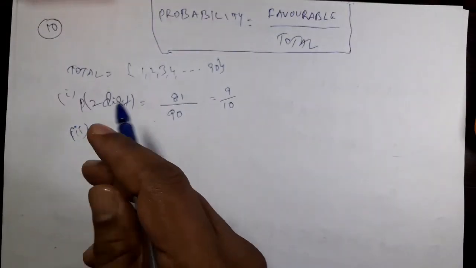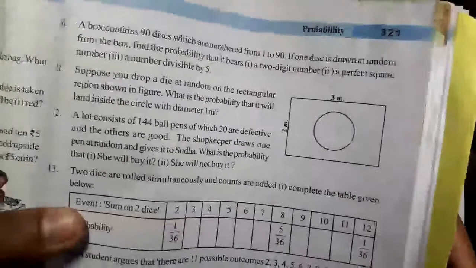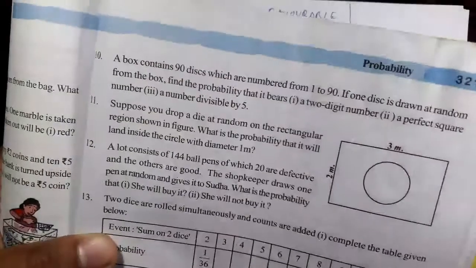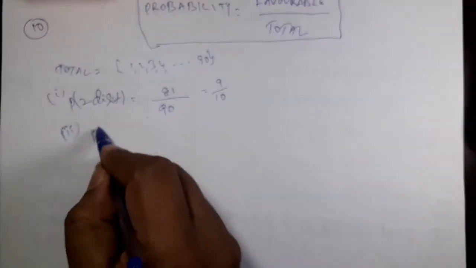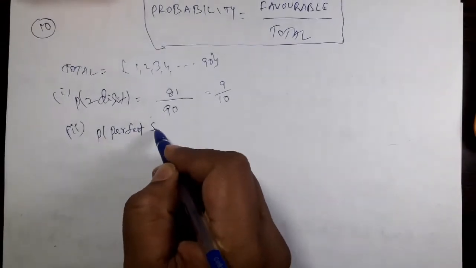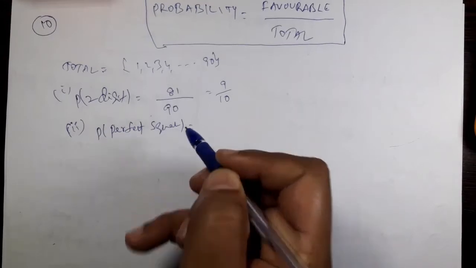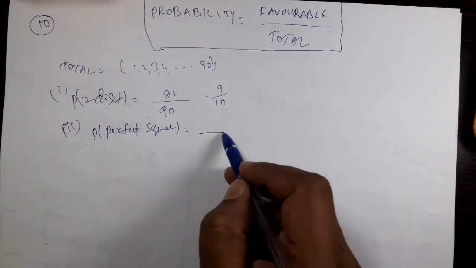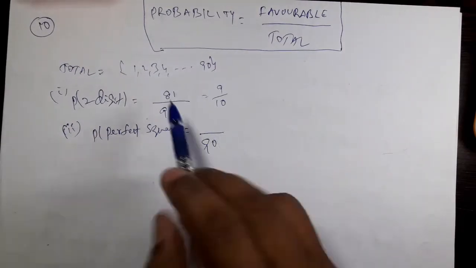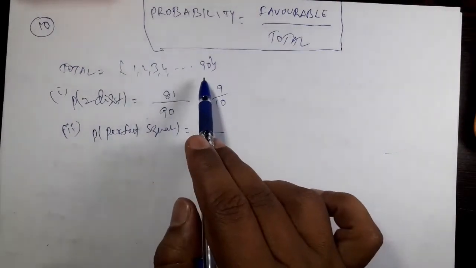Second part of this question. A perfect square. Probability of a perfect square. Denominator is of course 90. Coming to the numerator, how many of these 90 are perfect squares?